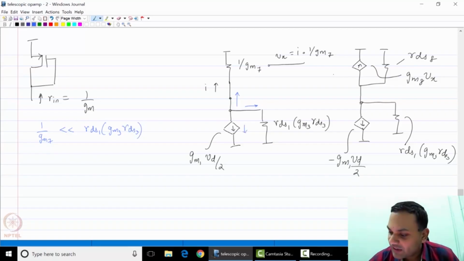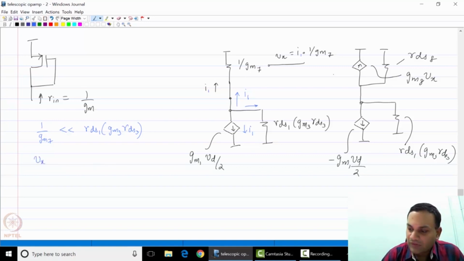Therefore, if this current were I1, all of I1 flows upwards into M7 and M5, and that generates a voltage Vx.